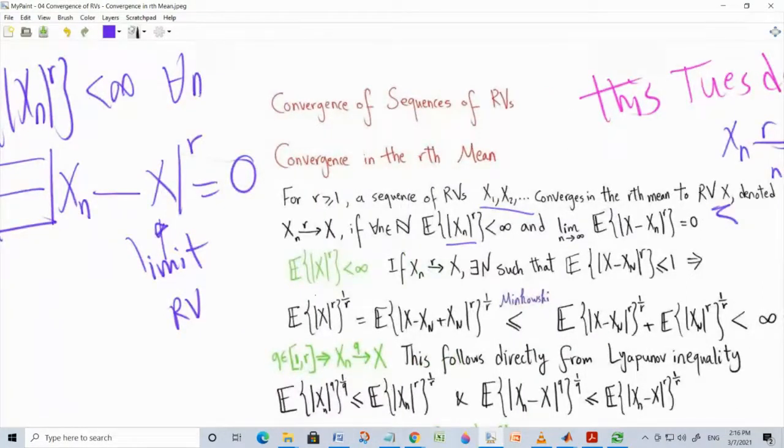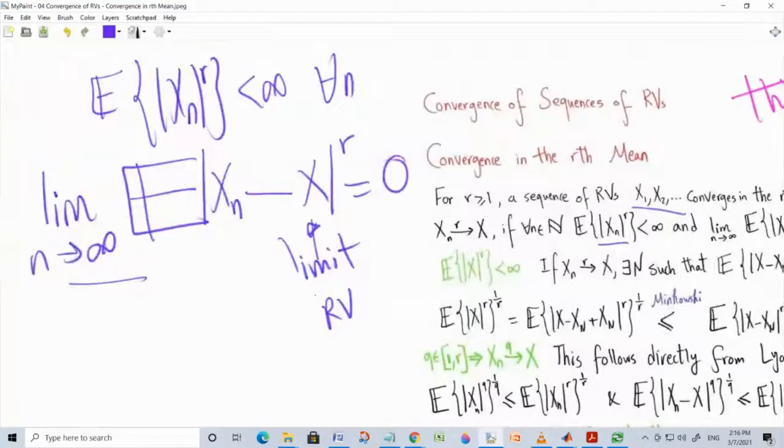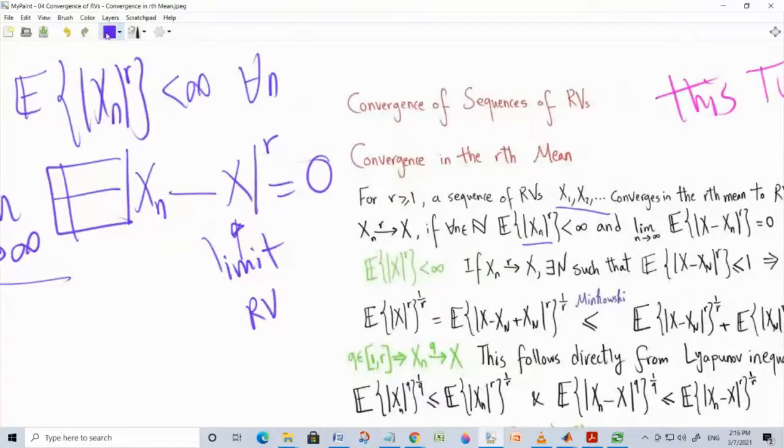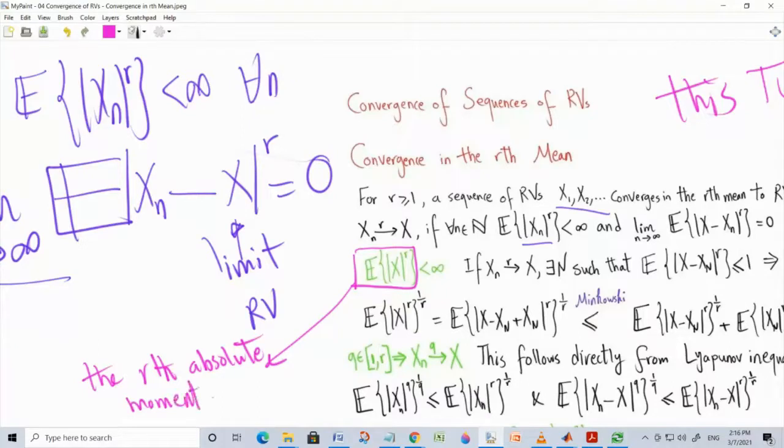The first conclusion is that the rth absolute moment of X is finite. It must be the case.